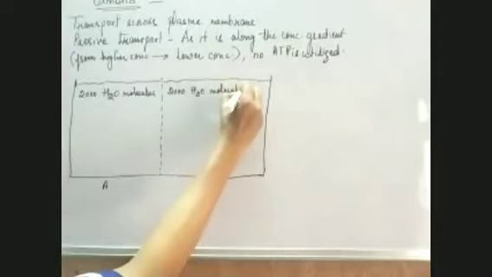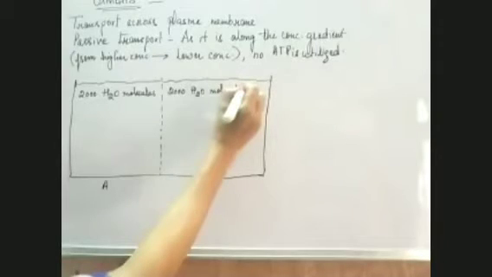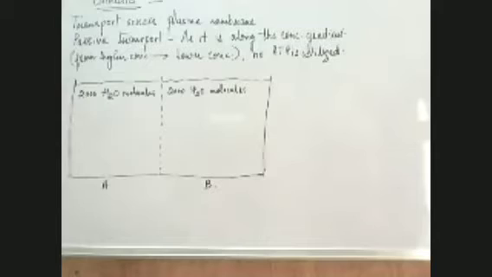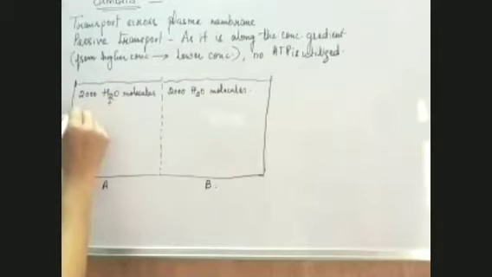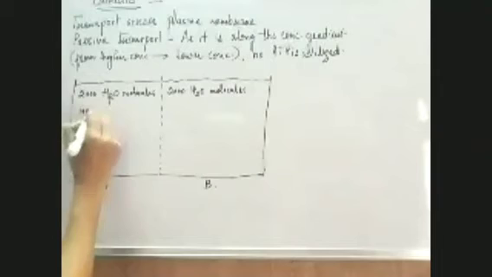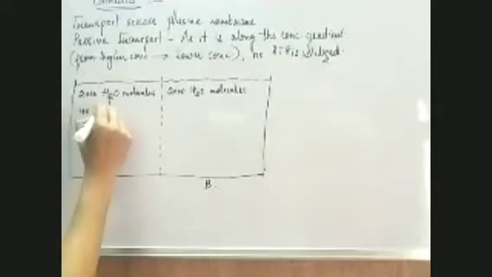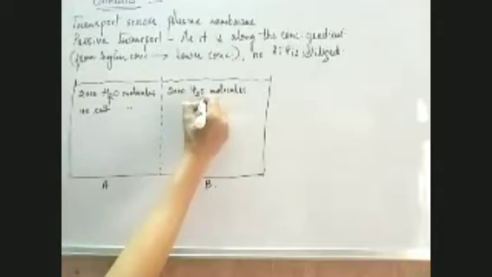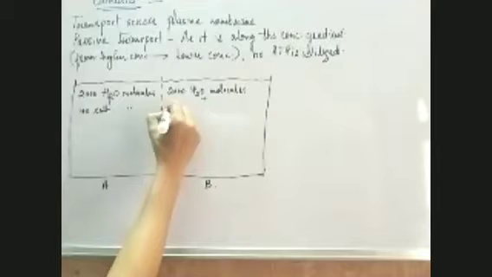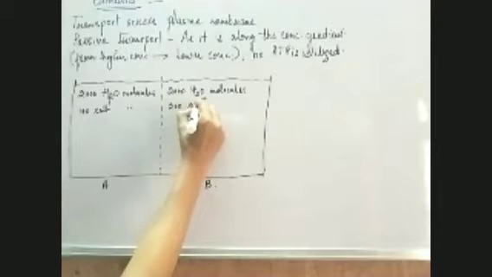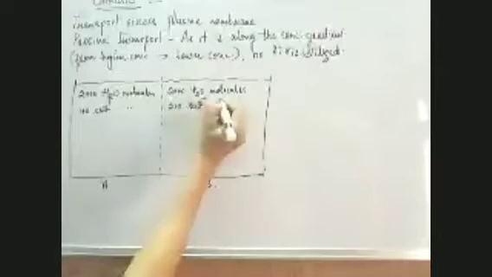Now we add some solute to it. Water is a solvent, so we add some solute. Suppose we add 100 salt molecules to one, and to the other we add a little more, say 200 salt molecules or sugar molecules, anything you can add.